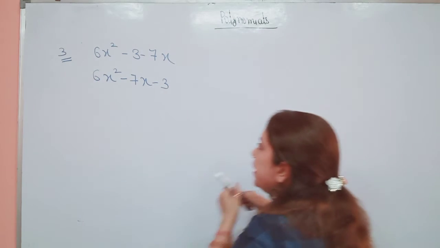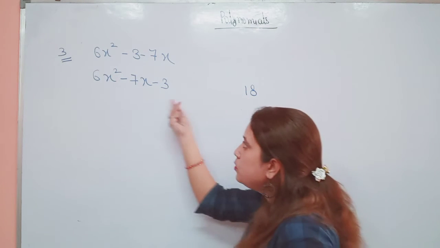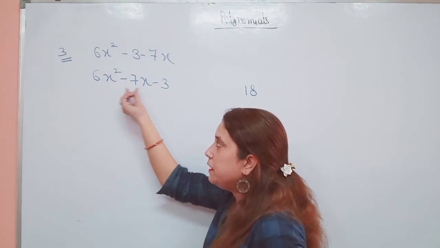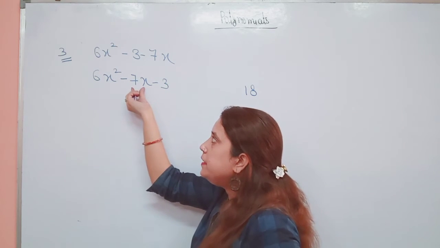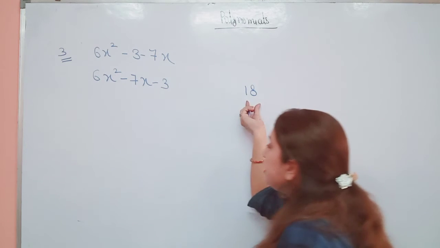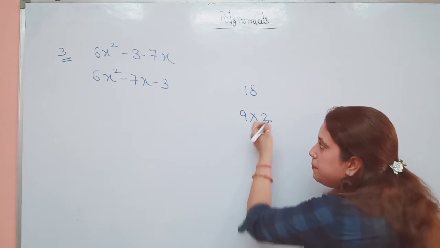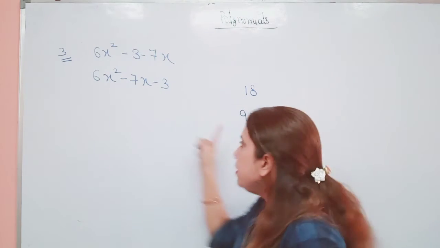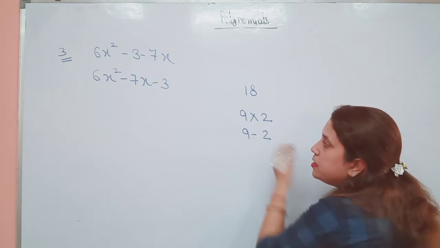6 into 3, 18. Find two factors of 18 such that when we do subtraction it will come 7. Leave the sign. When we subtract, the middle term should come 7. So 9 into 2 is 18 and 9 minus 2 is 7.